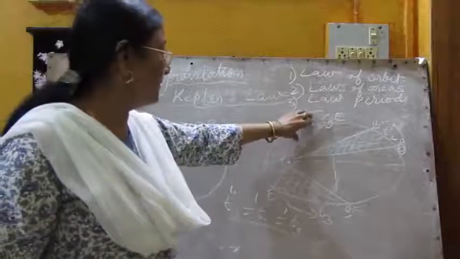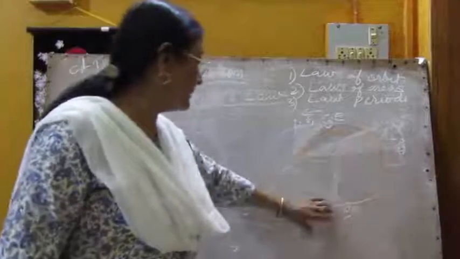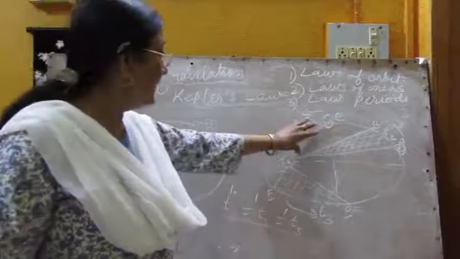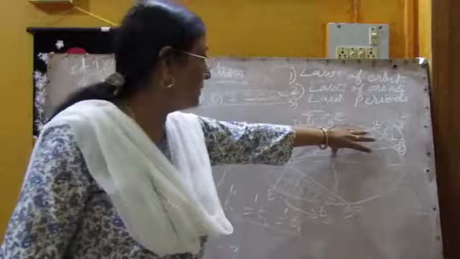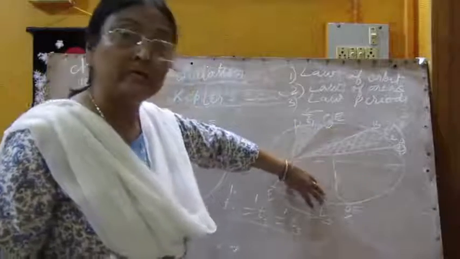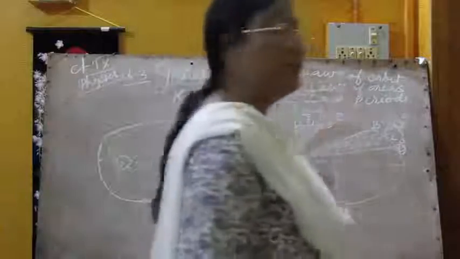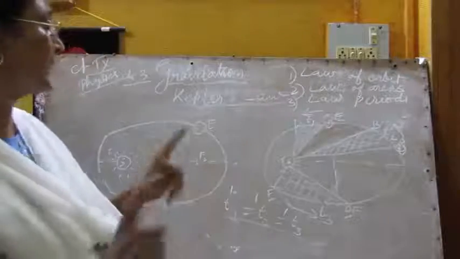That means if t1 equals t2 equals t3, these times all being equal, then the area of this one equals the area of this one equals the area of this one. This is Kepler's second law, which is called the law of areas. Clear? This is the second law.